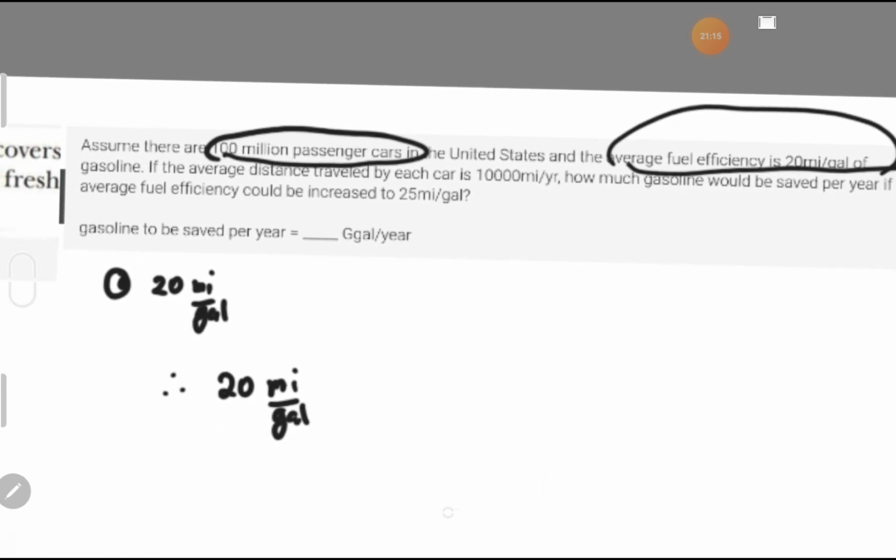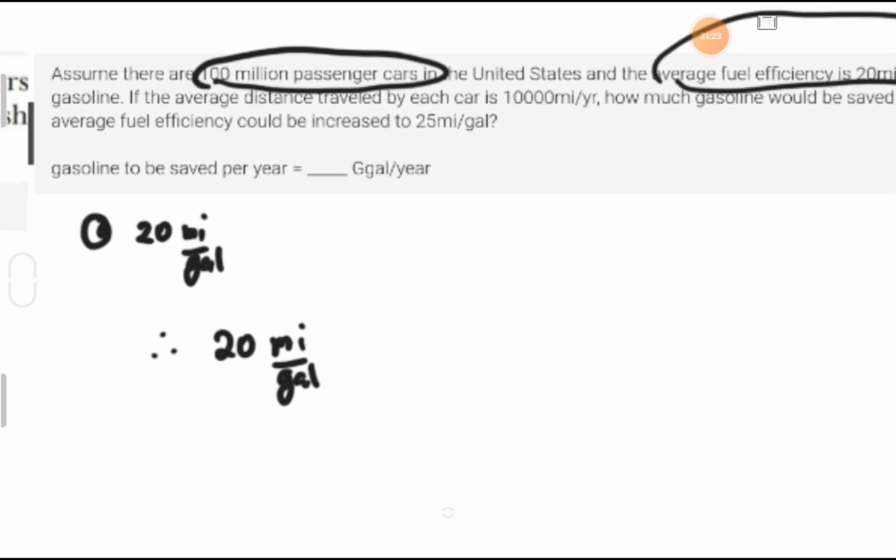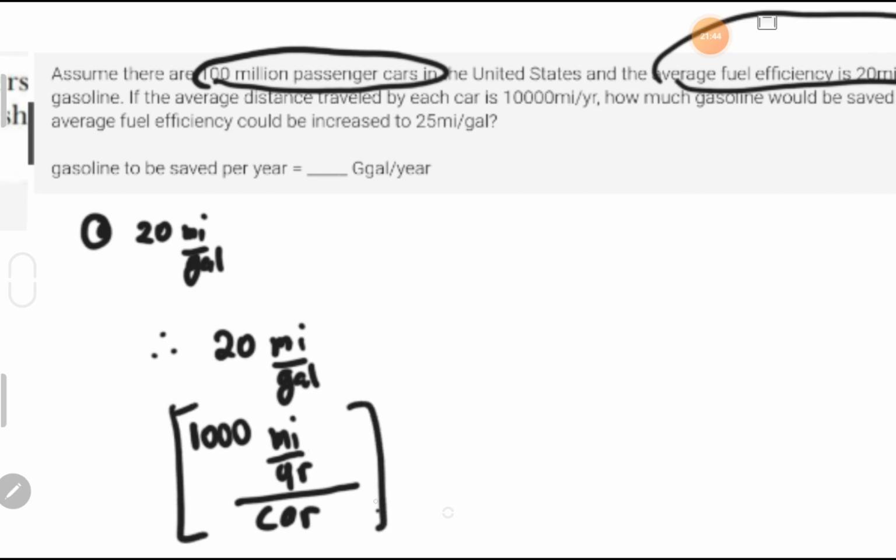So if the average distance traveled by each car is 1,000 miles per year, so tabulate natin yan, 1,000 miles per year is the average distance traveled by each car, so per car. And we have 100 million passenger cars, 100 times 10 raised to 6 cars.